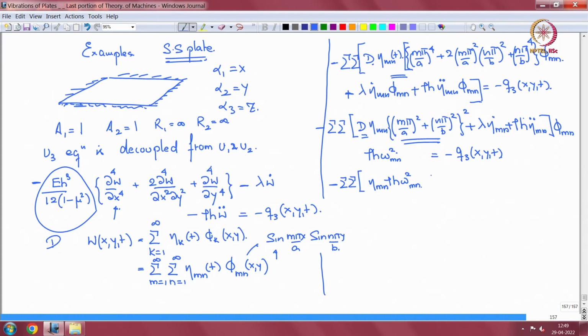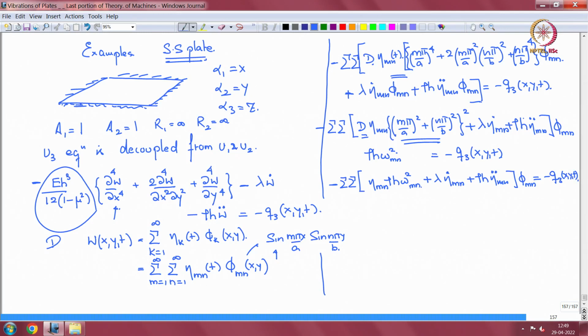Okay, plus lambda eta mn dot plus rho h eta mn double dot into phi mn is equal to minus q3 x comma y comma t.